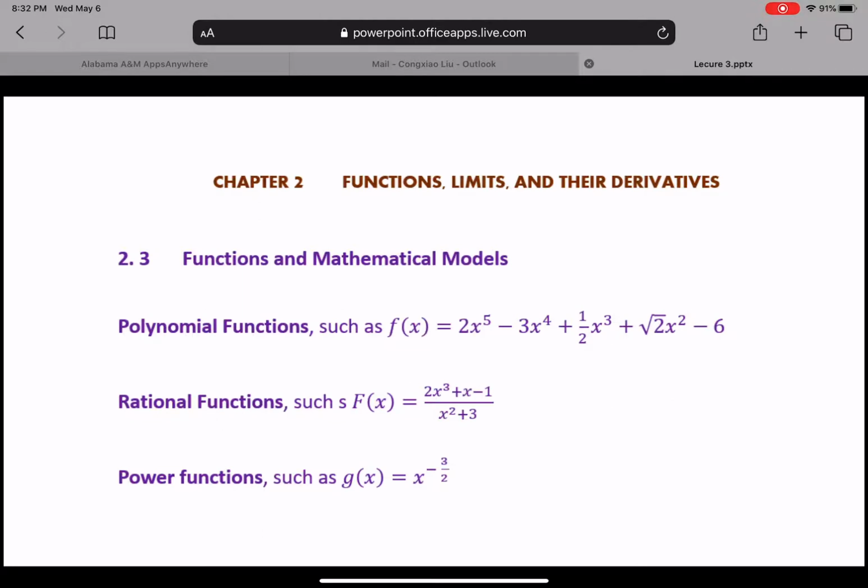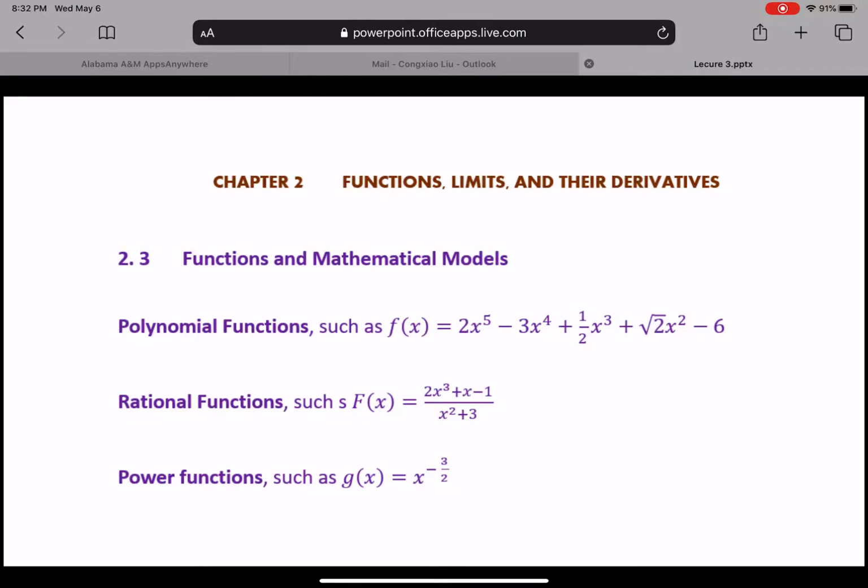So that's the polynomial. And if you divide two polynomials, you get a rational function like capital F of x equals 2x cubed plus x minus 1 over x squared plus 3. So that's a typical rational function.